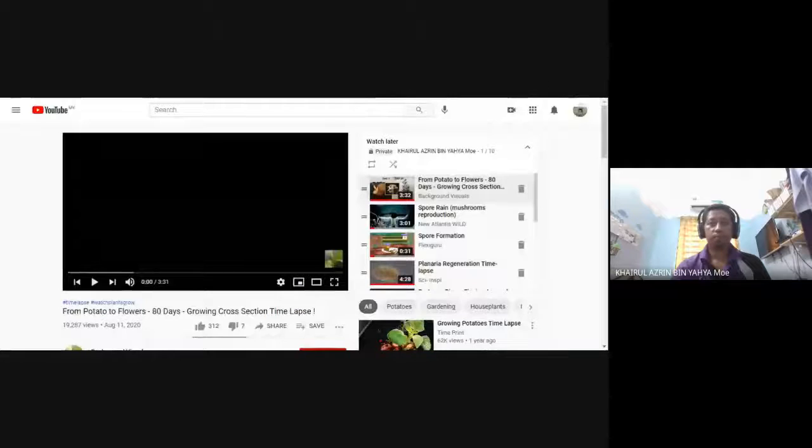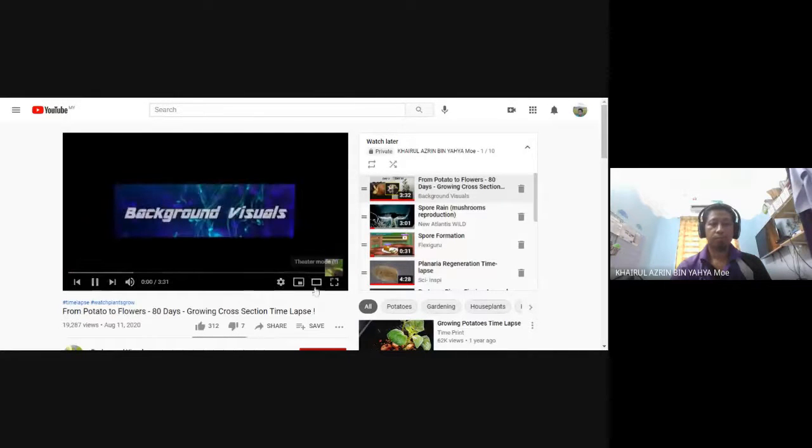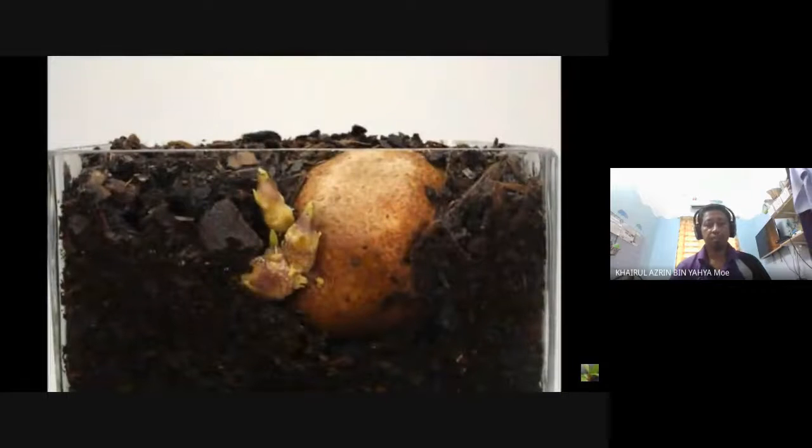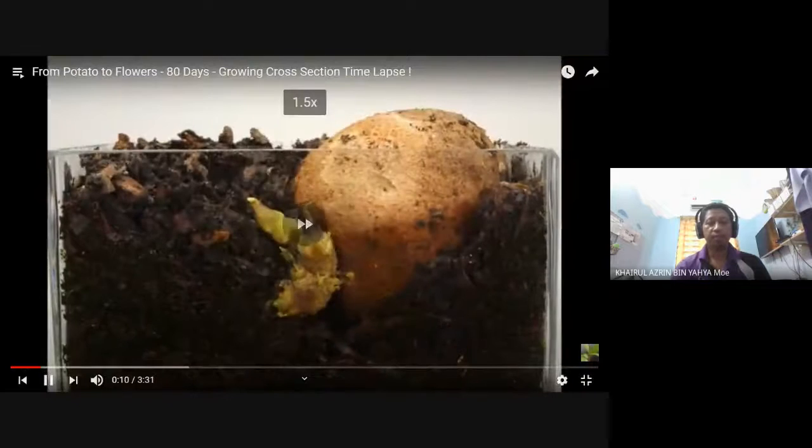Okay. So next, I want to show you about the last asexual reproduction, vegetative reproduction. So I want to show you one example. Okay, I show you a potato. This is vegetative reproduction. So let me fast forward.